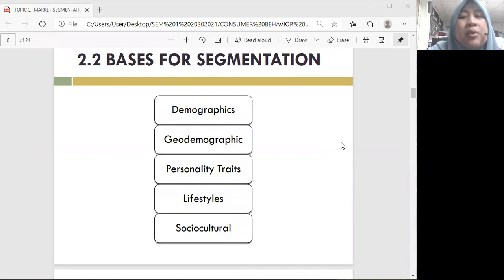For example, the culture in Malaysia is totally different from the culture in China, and China will be totally different compared to Japan, and Japan will be totally different from Western Europe. So they have their own basis for segmentation.